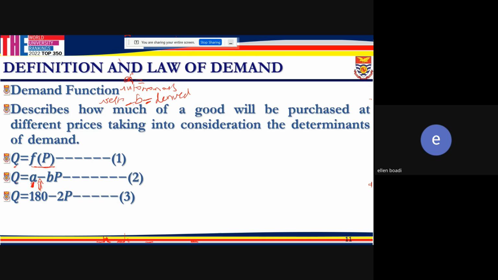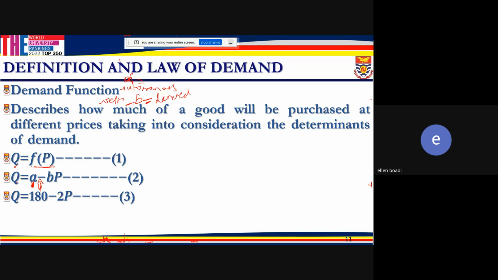We all discussed earlier on, and we confirmed, that when prices are increasing, quantities will be going down. So this equation confirms the law of demand, which states that when prices are high, quantities are low.